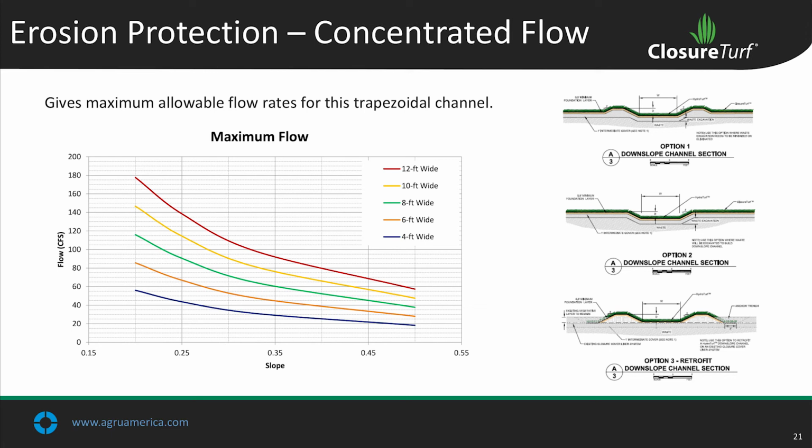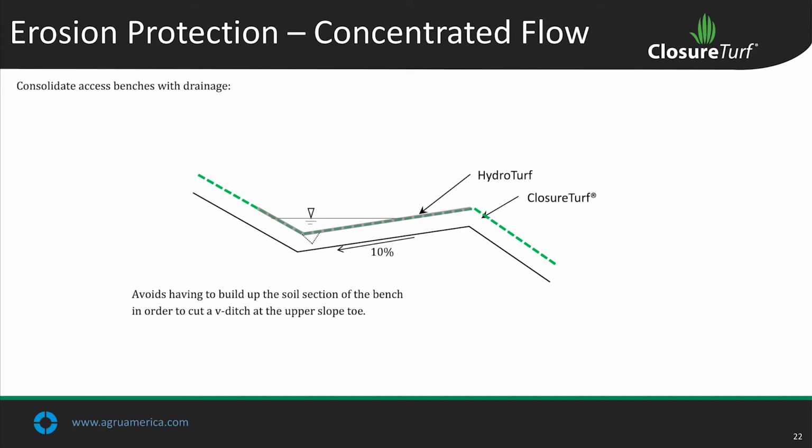Well, using those maximum flow depths and those measured Manning roughness coefficients, we generated these charts for you. So this gives maximum allowable flow rates for this trapezoidal channel shape that you see over on the right side for these widths here, 12 feet to 4 feet wide.